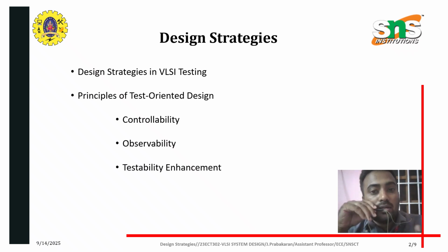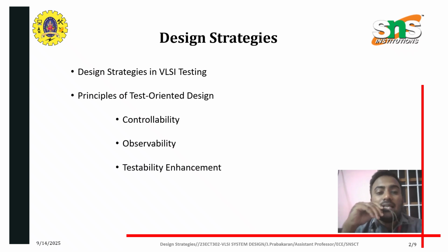What is controllability? The ability to set an internal node to 0 or 1 during testing is called controllability. And the second thing is observability. What is meant by observability? The ability to observe the value of an internal node at the primary output.